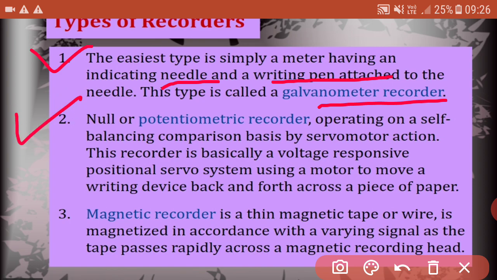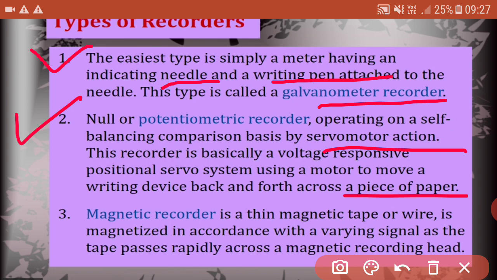The second one is the null or potentiometric recorder, operating on a self-balancing comparison basis by servo motor action. This recorder is basically a voltage responsive potential servo system using a motor to move a writing device back and forth across a piece of paper. So in a null type or potentiometric type recorder, the principle is self-balancing comparison by servo motor action.